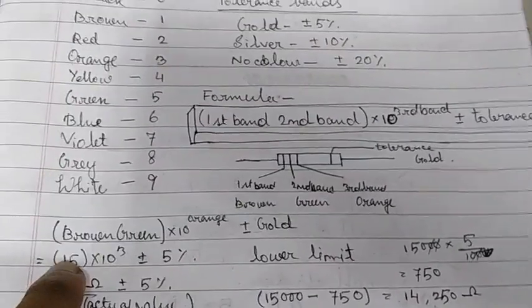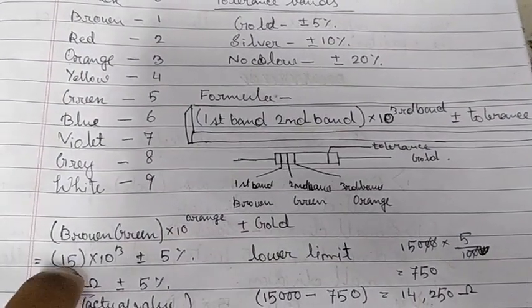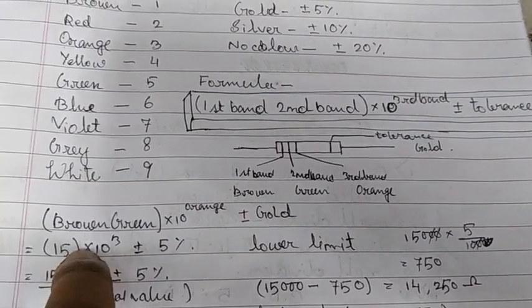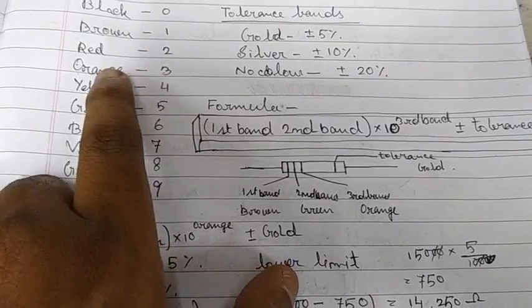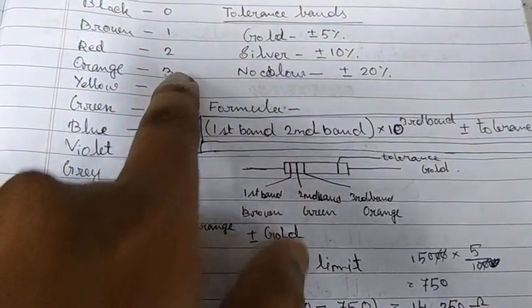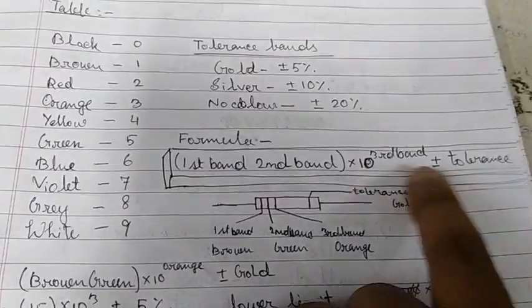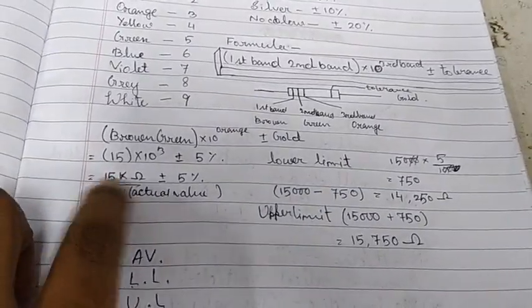As I have said earlier that there is not any numerical sign between first band and second band. So 1, 5 makes 15. Into third band is the multiplier band. So 10 to the power 3, as the code of the orange is 3, and plus minus 5% as we have gold here. So this makes 15 kilo ohm.